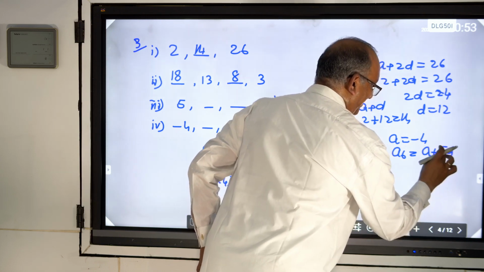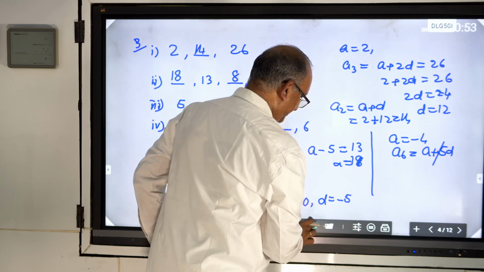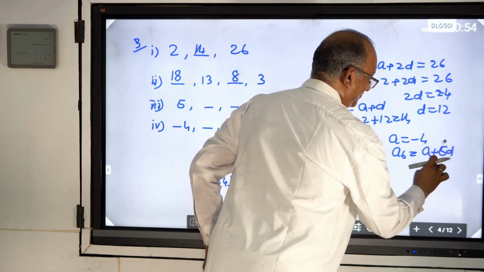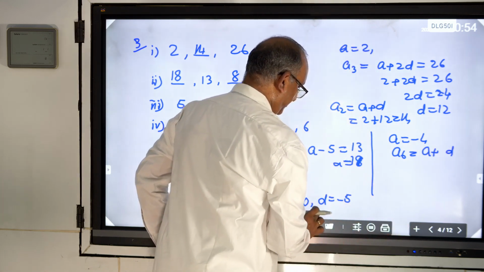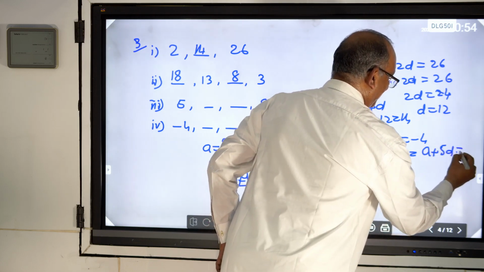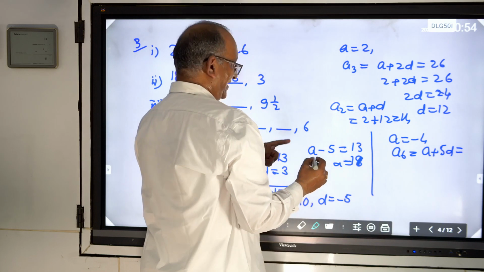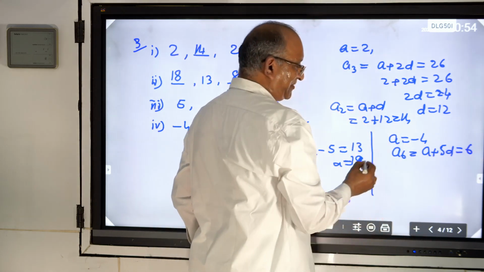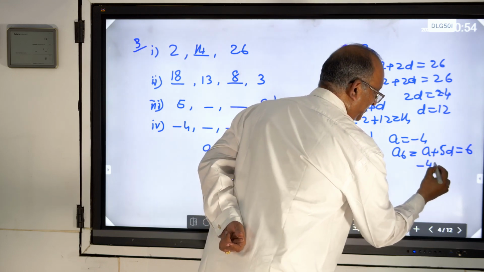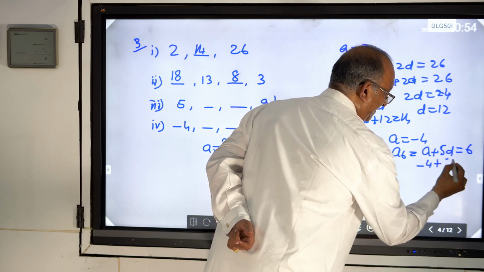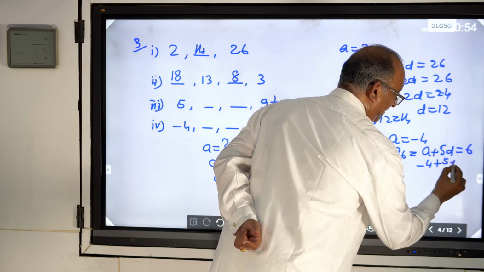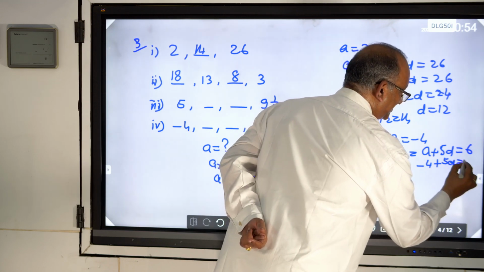So a plus 5d equal to 6, as given. Substitute the value of a: -4 plus 5d equal to 6.